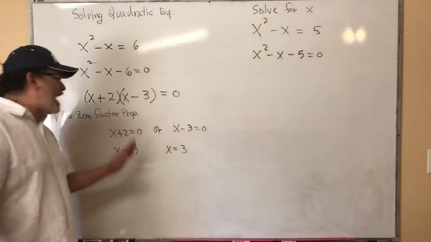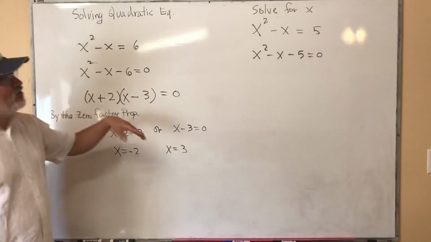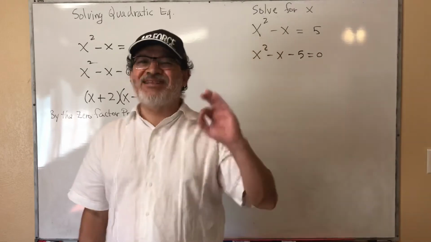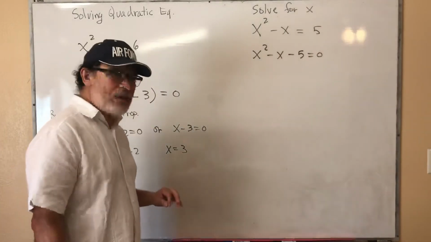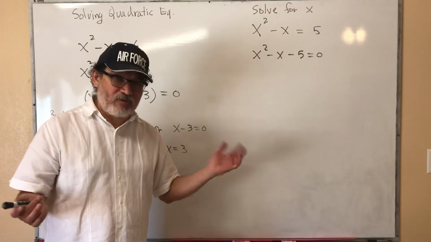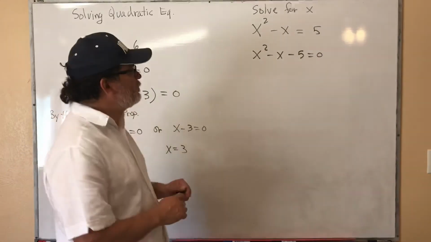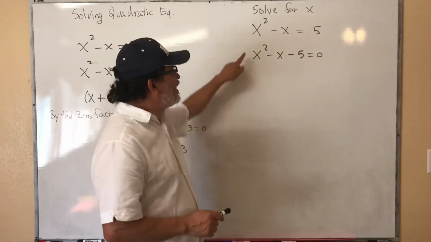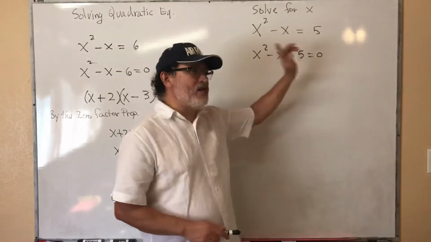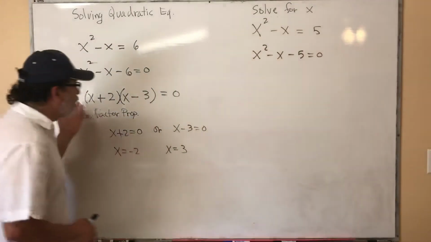Because we cannot factor, we have no choice here but to complete the square. Okay? Let's complete the square again, just like what we did a few minutes ago. So to complete the square, the leading coefficient must be 1. So let me push this back over there because now I can't solve it this way.